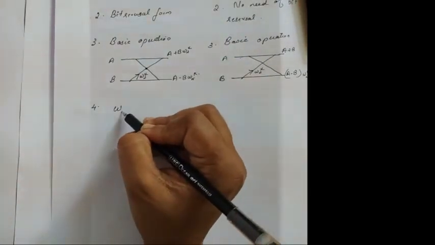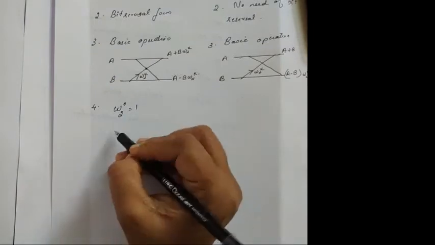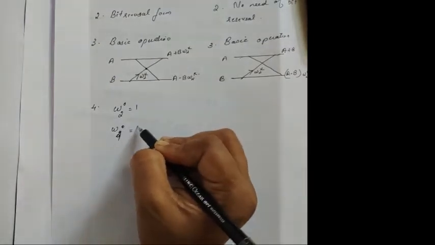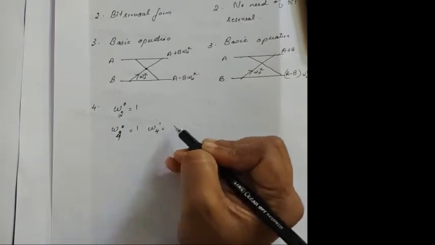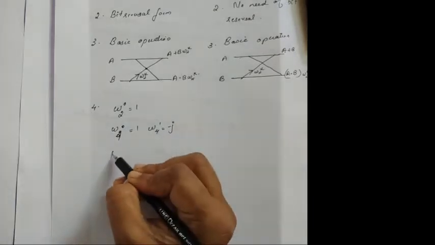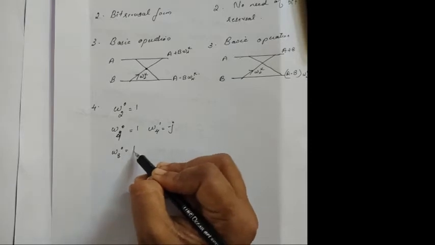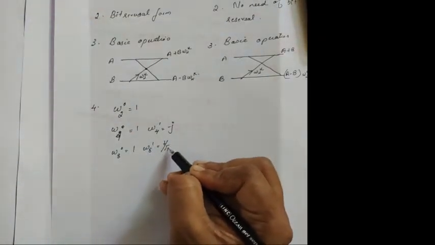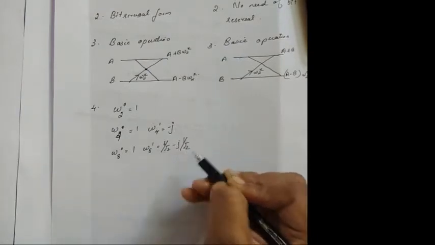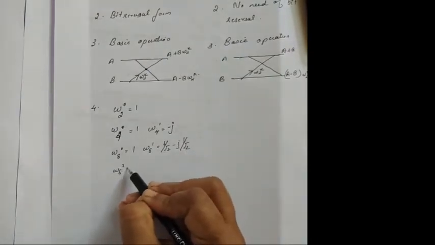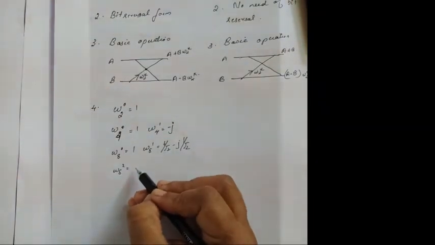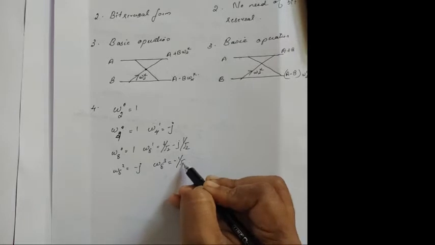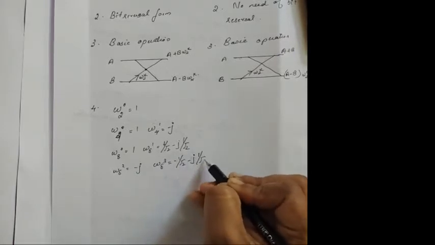So the twiddle factor will go as 2 power 0, 4 power 0, 4 power 1, 8 power 0, 8 power 1, 1 by root 2 minus j 1 by root 2, 8 power 2, minus j, 8 power 3, minus 1 by root 2 minus j 1 by root 2.